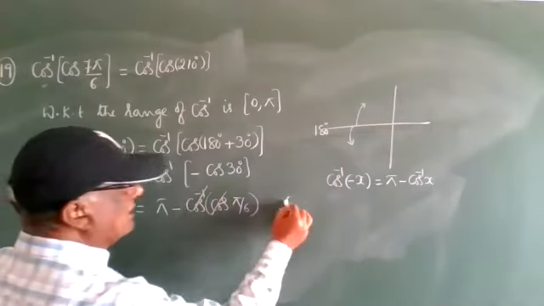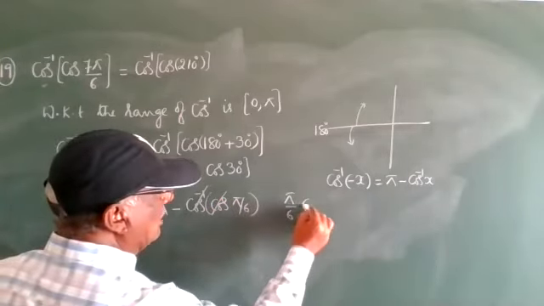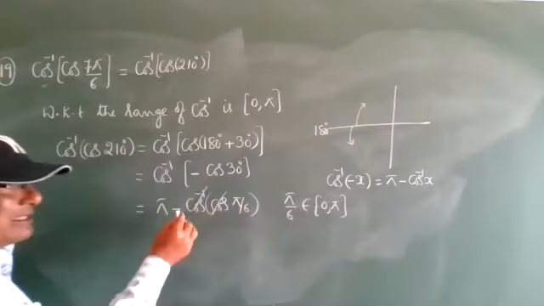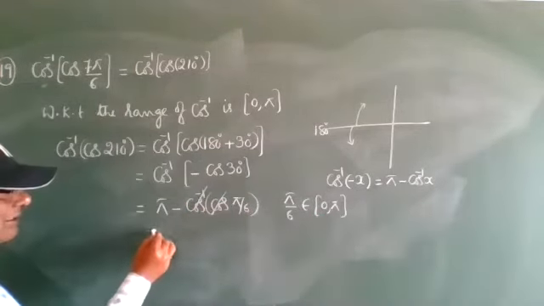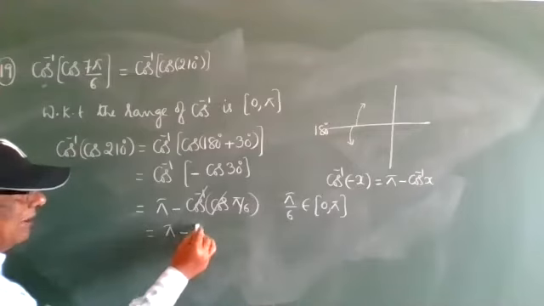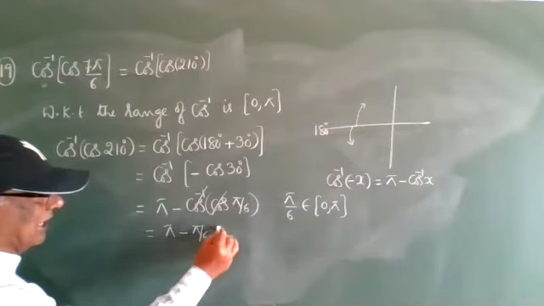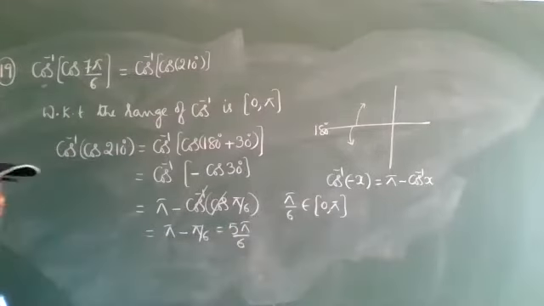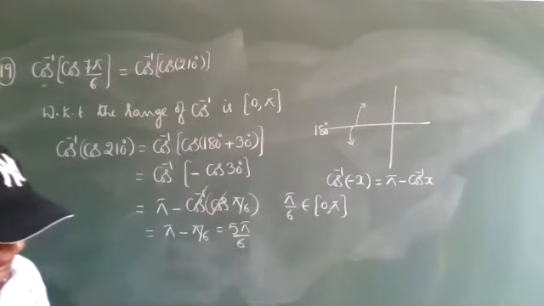Cos pi by 6 belongs to the range 0 to pi, therefore the inverse is defined. Cos and cos inverse cancel. Pi minus pi by 6. The answer is 5 pi by 6. Option B is the answer.